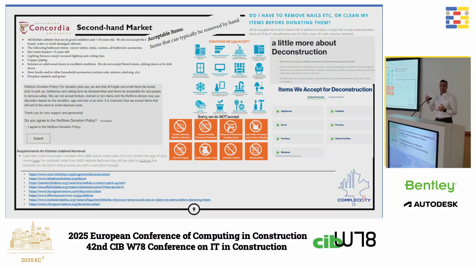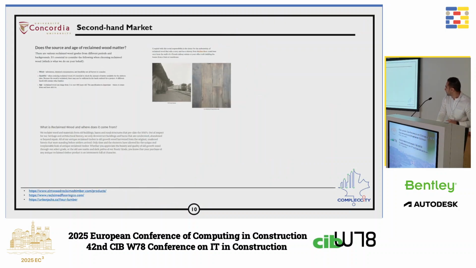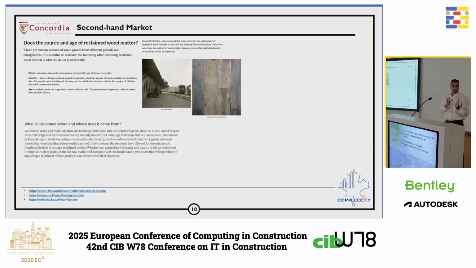So some of them, they are stating their acceptance criteria. Some of them, they don't. Some of them, they accept the dimension, they state the dimensions, the age that they want from the component to accept, and so on and so forth. Also, we did the same task for manufacturers. Manufacturers here, I mean, the ones that can take like for example, the floor that we have and do something else with it, okay? So it's the same concept.